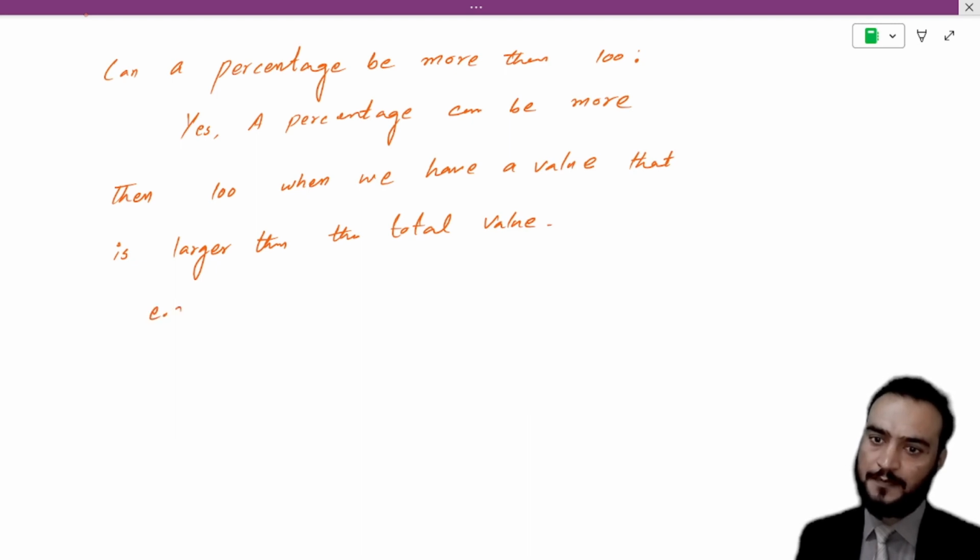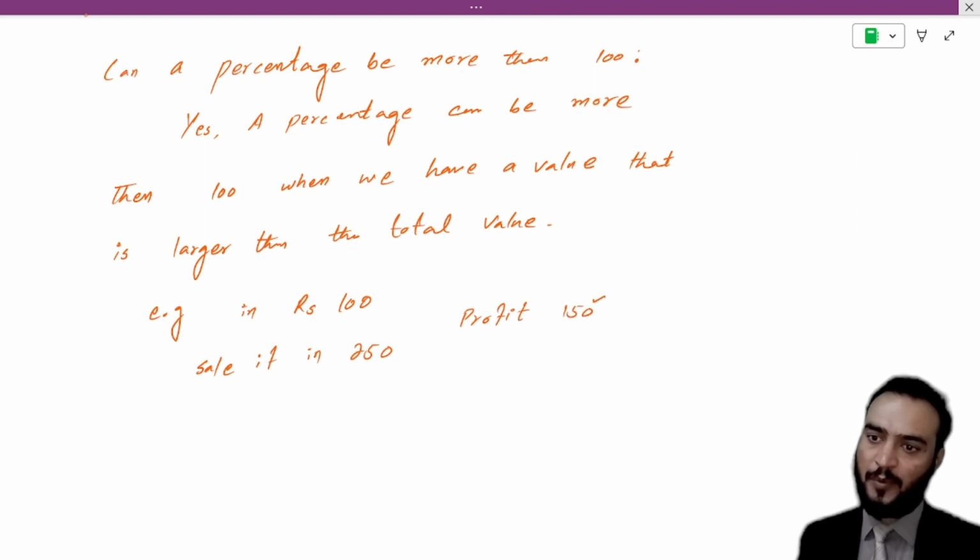For example, if you bought a product for 100 rupees and you sell it for 250 rupees, then you get a profit of 150 rupees.